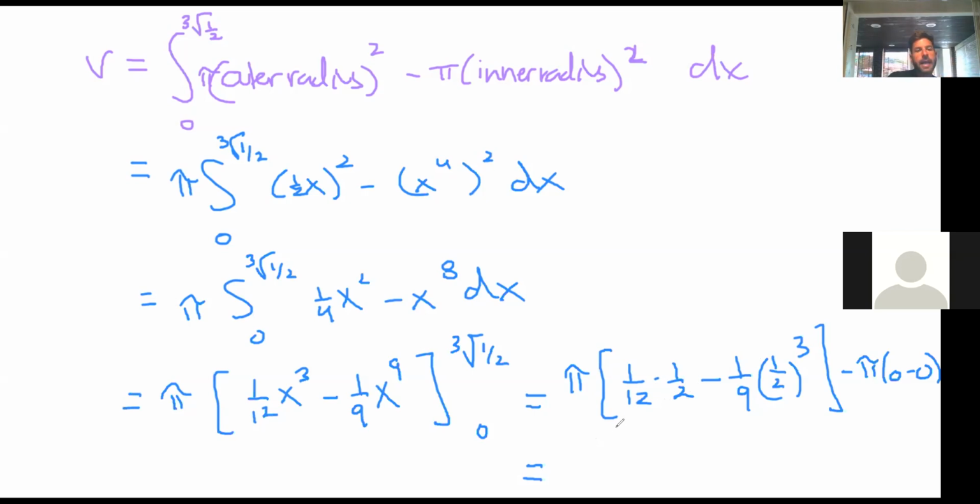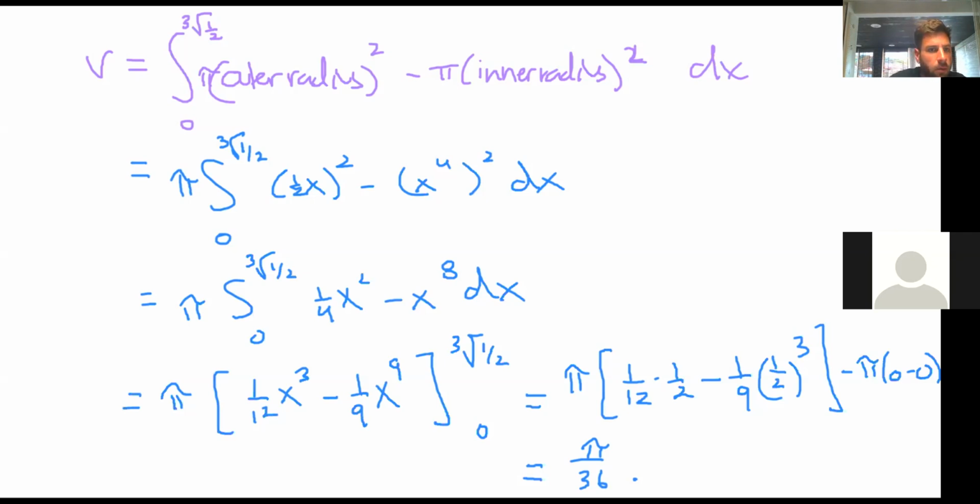And again, I don't really care how you plan on doing this, but at the end of the day, if you do it correctly, this just simplifies to pi over 36. Unless I made an error, which is quite possible.